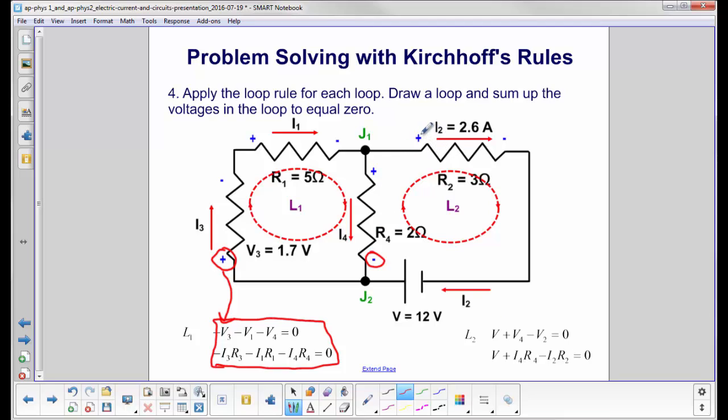Now we're entering the positive side of this resistor, so that gets a negative voltage. So now we have our 2 loop equations. And again, let's just talk about what would happen if we took the bigger loop. You would have V minus V3 minus V1 minus V2 equals 0. Also perfectly good.